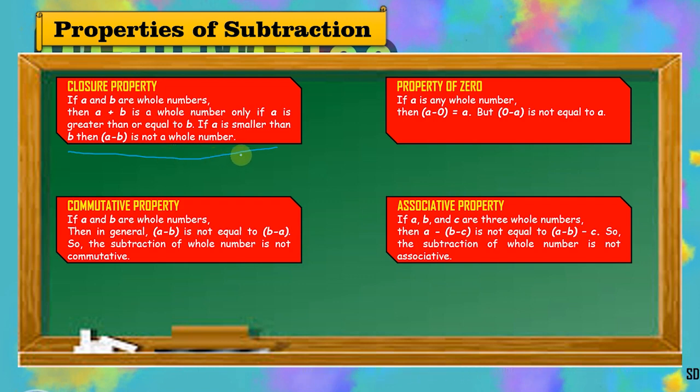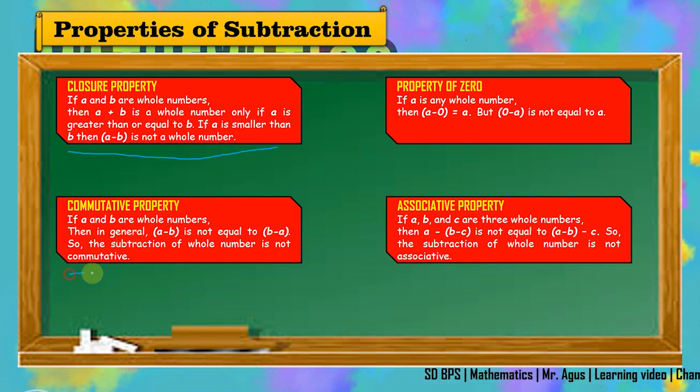So, in general, subtraction of whole number does not satisfy closure property, but subtraction of whole number can satisfy closure property if and only if the first number is greater than the second number.